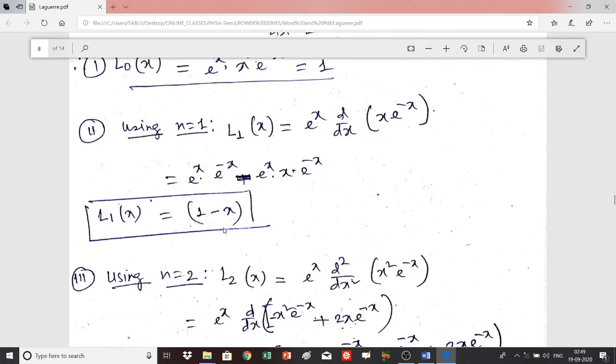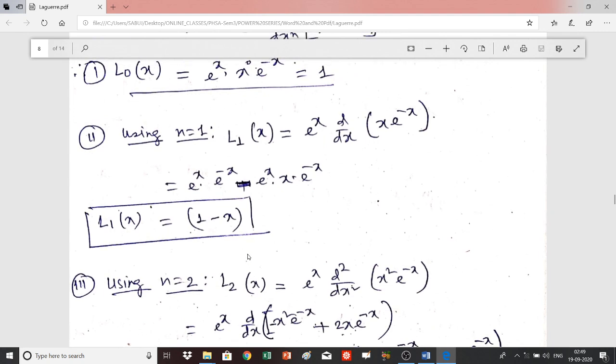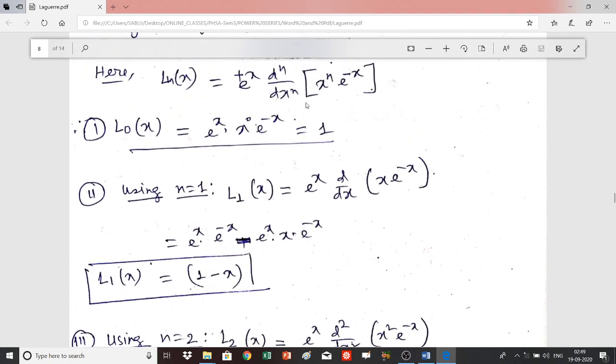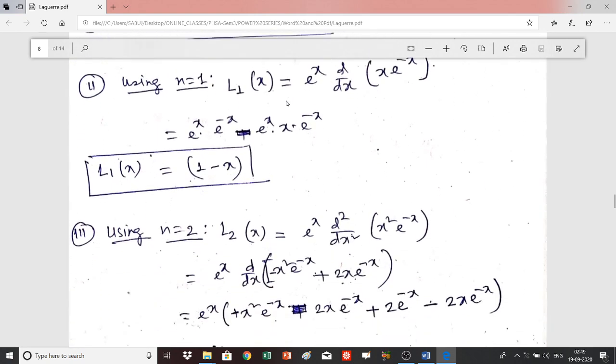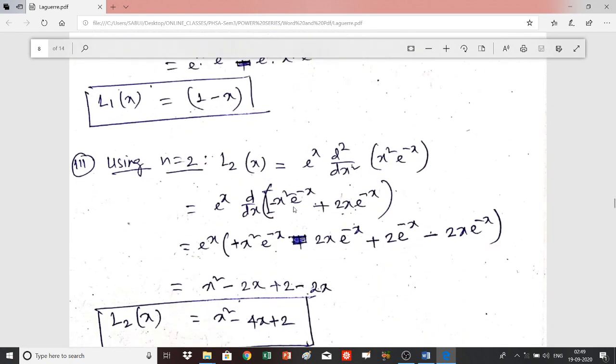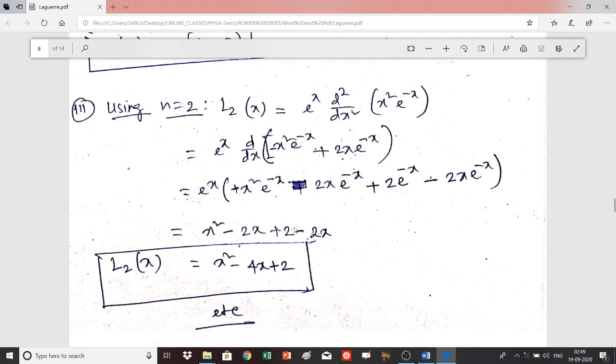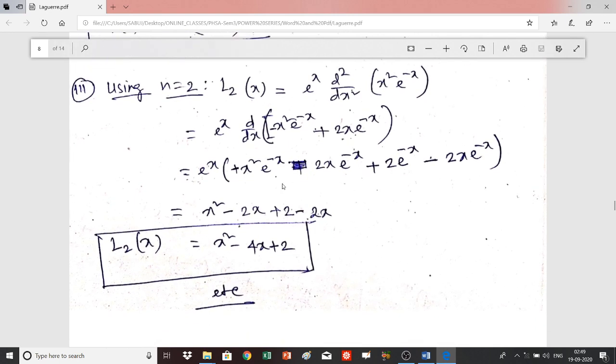So L1(x) is equal to this, and using n is equal to 2 in this equation you can find out the value of L2, that is computed here. All the calculations without any step missing are done here, and you just go through this, follow this, you will understand.